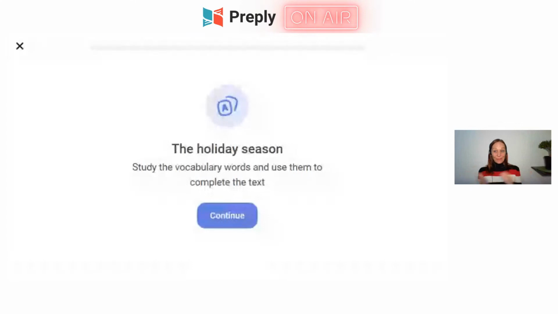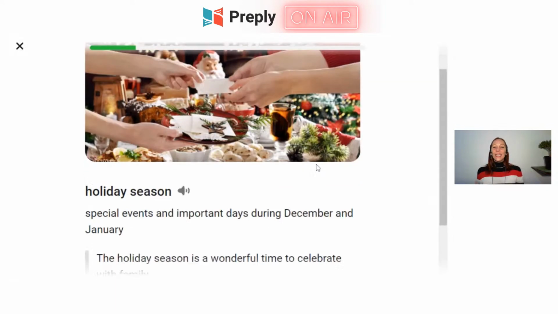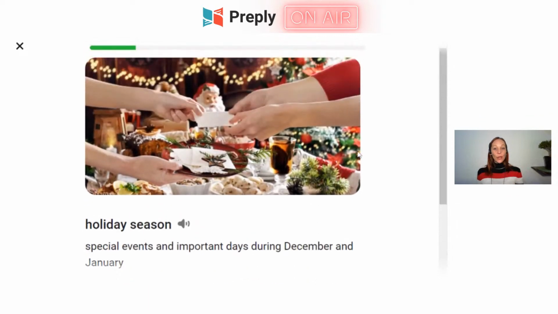Our very first exercise that we are going to be looking at tonight is a vocabulary lesson. Now, when you open up your lesson on Preply, you will see that the word has a beautiful picture just to help you identify the word.